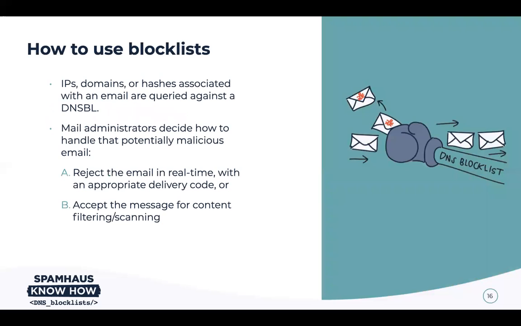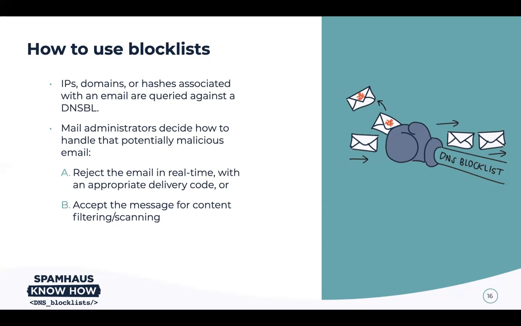Yeah, so as we said before, what we really do is we publish the data sets that answer a question about the reputation of, in this case, IP addresses, domains, and hashes. So what happens if you use this in a mail server environment is you would ask us, say, hey, Spamhaus, what do you think about this IP? And we will give you a return code saying, okay, we think it is this or that.